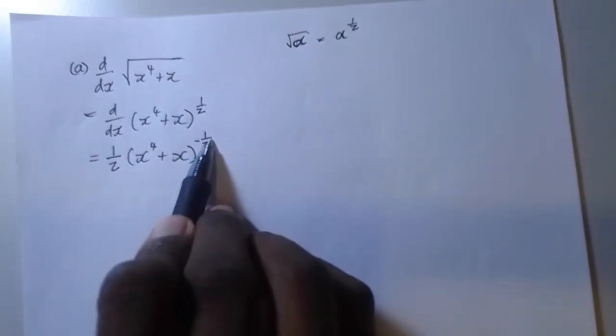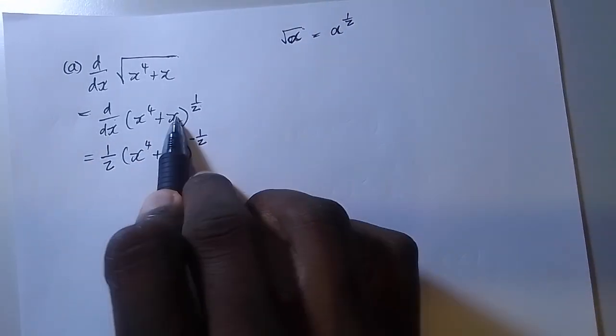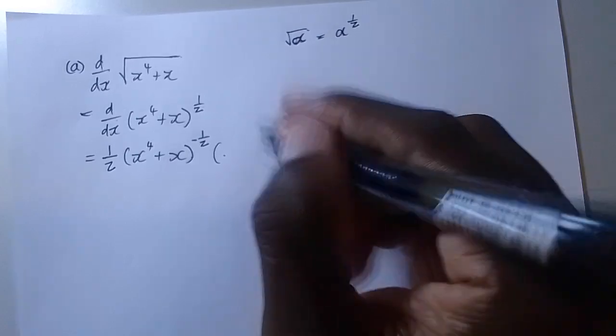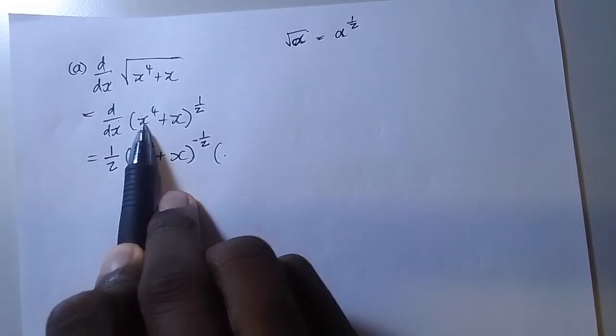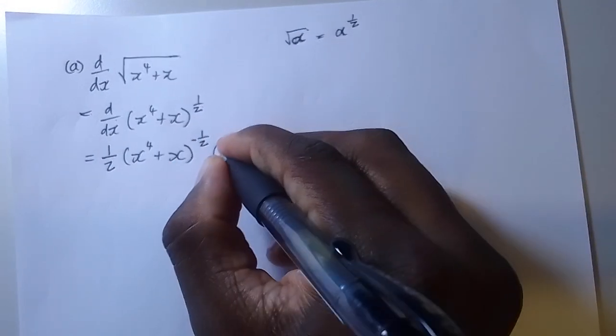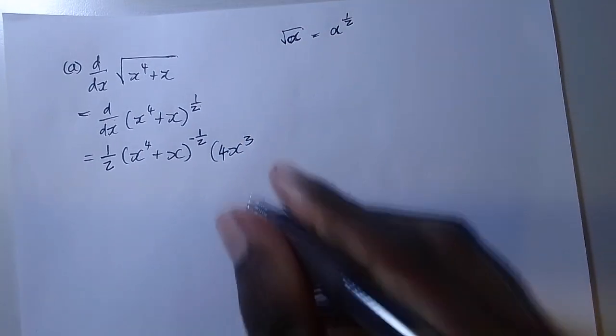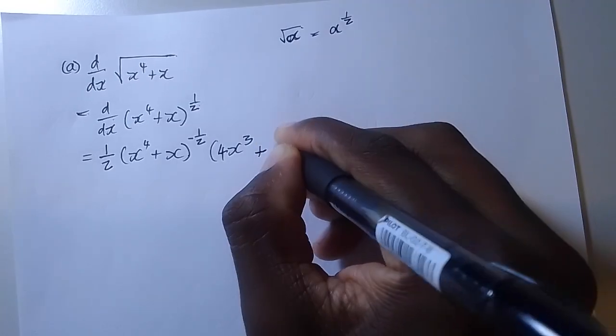And then this is just the derivative of the outside function. We need to multiply that by the derivative of the inside function. The derivative of the inside function would be the derivative of x to the fourth, which is 4x to the third, plus the derivative of x, which is just 1.